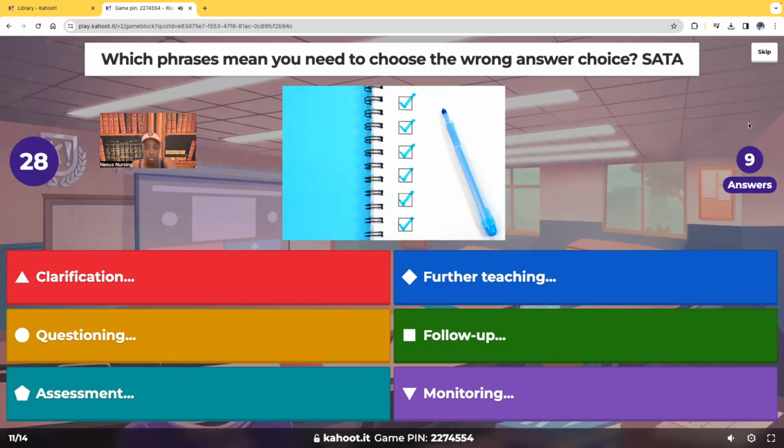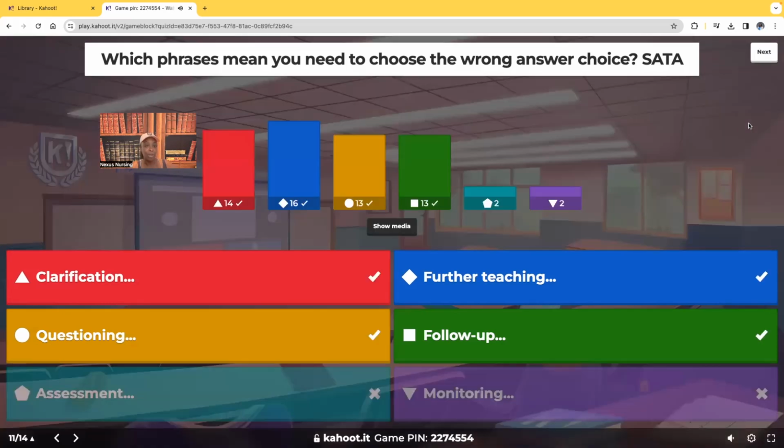Which one would you question? Which one needs follow-up? Assessment, monitoring. So which words or phrases in the question would let you know, wow, I'm usually looking for the right answer choice, but in this question, I'm looking for the wrong answer choice? What do you think? Everything except for the last two.